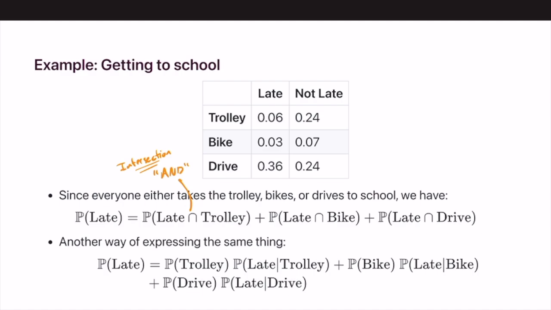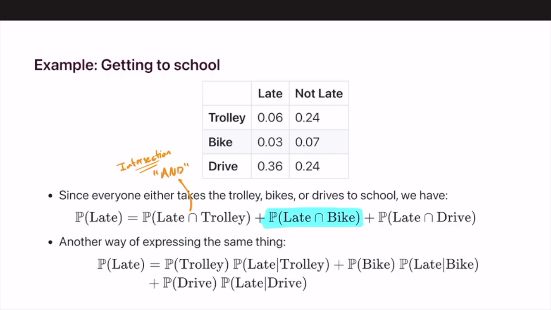And we can also express these things in a different way. This will become a very important concept because we may want to rearrange our expressions based on the information that we are given. So for example, and this will be sort of just a follow along, and then hopefully it will make sense as we start to do some problems. Let's take, for example, the probability of being late and bike.